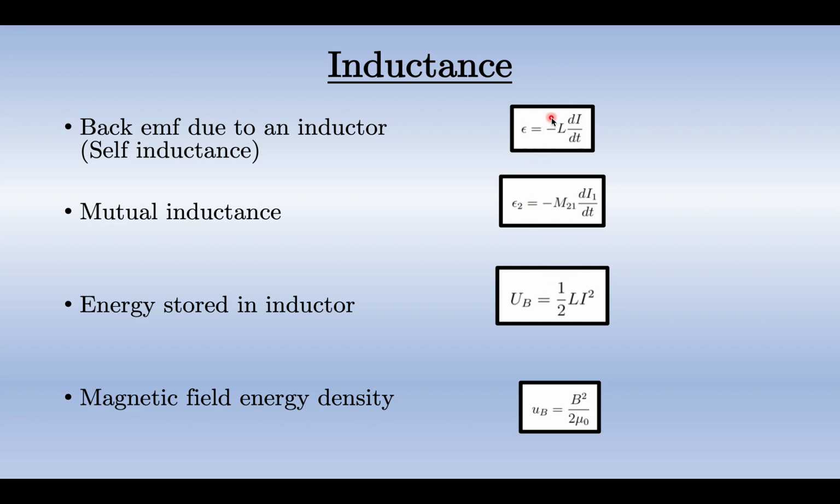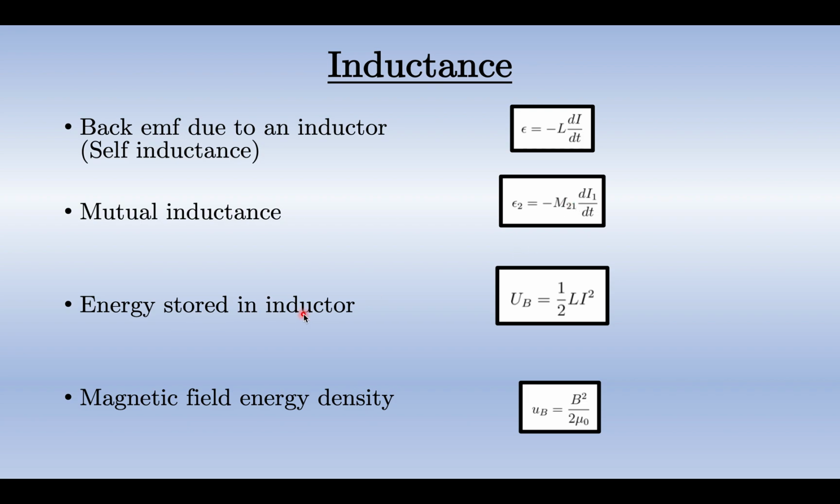So this formula plus the mutual inductance formula, which is quite similar, just instead of L we have M21, and L and M are geometric properties of the substance we are dealing with, as well as the shape and so on. These formulae have been quite used previously, so there's not much more than that.